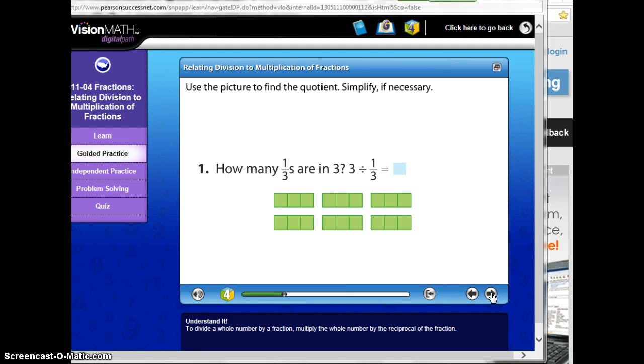We're going to ignore these pictures, and I'm going to rewrite this problem. Who can help me out? What's the first thing I should do, Emma? That's right. I'm going to rewrite this problem, so I'll make the 3/1. Aiden, what comes next?